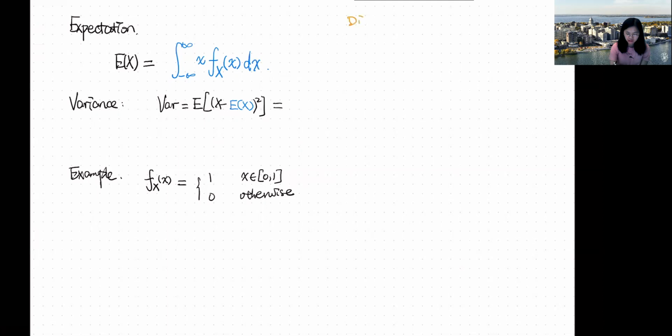So remember that in the discrete case, the expected value of x equals the summation over x in the support of x of x times the probability mass function. Notice that even though we use the same notation for probability density function and probability mass function, they are defined differently.